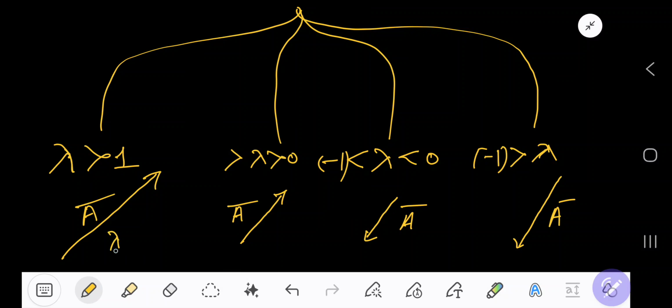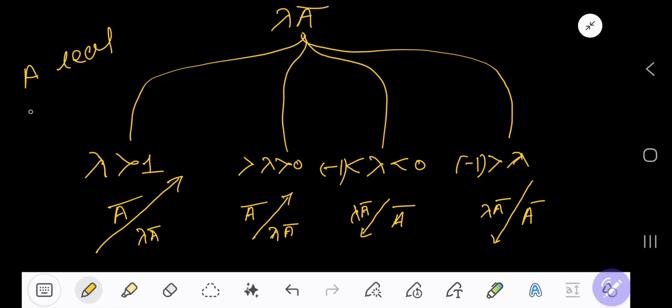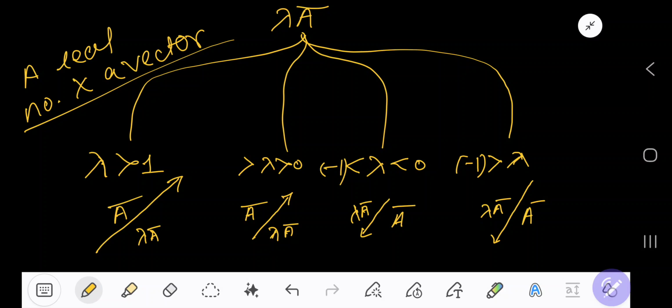So these are all different cases of different lambda values. These are our 4 cases of lambda multiplied by, so a real number times a vector. So these are all different cases of how the real number is different.